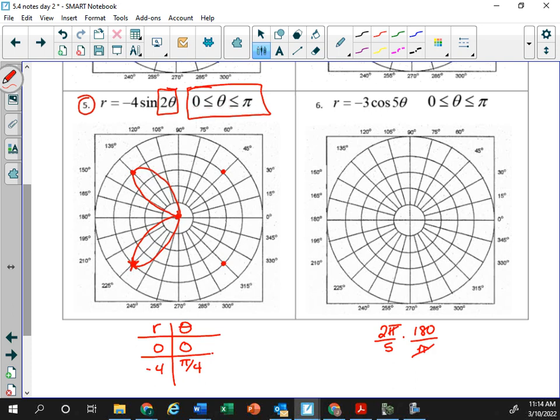So how many times does 5 go into 18? 3. Okay, with how many left over? 3. Okay, so that makes it 30. How many times does 5 go into 30? Okay. So 180 divided by 5 is 36. 2 times 36 is 72. So it's like almost there.